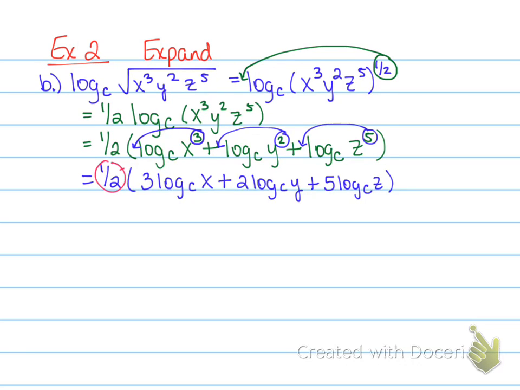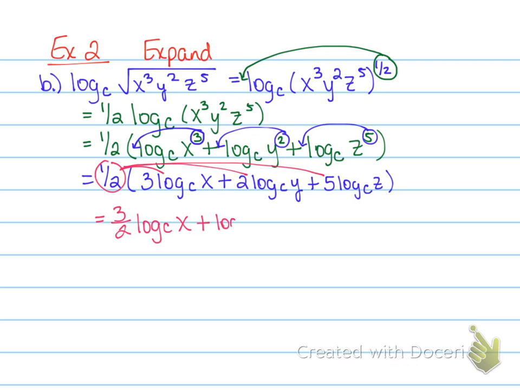And so we're going to take this 1/2 now, we're going to distribute it to all 3 terms here. So I have 1/2 times 3 log base c of x. So that's going to give me 3/2 log base c of x plus, and then I have 1/2 times 2 log base c of y.